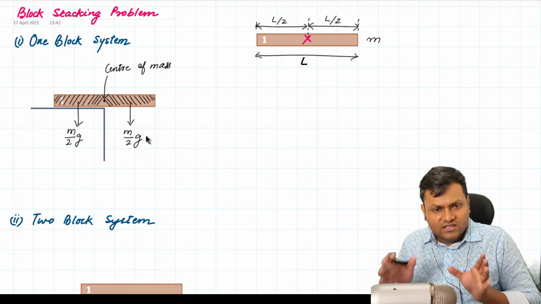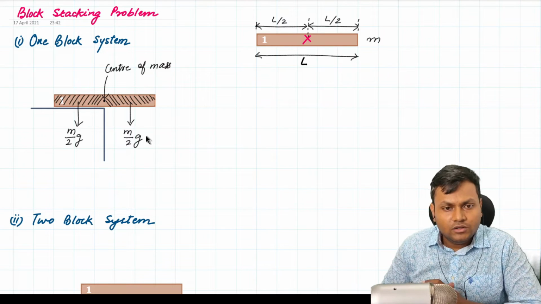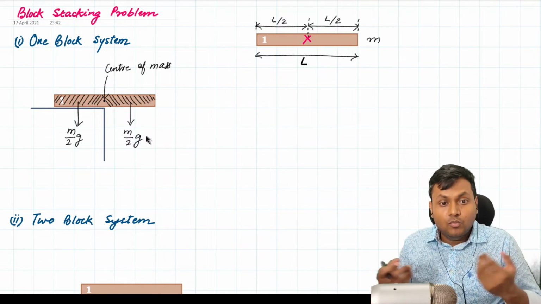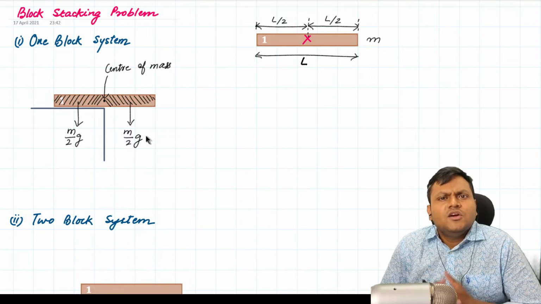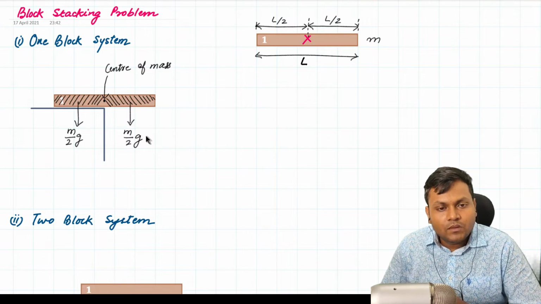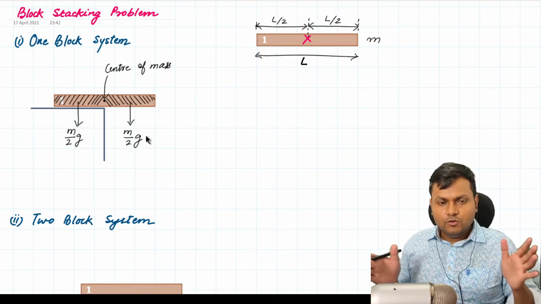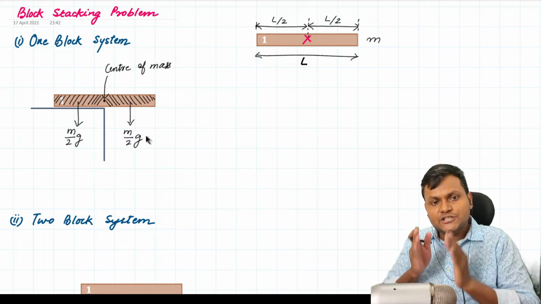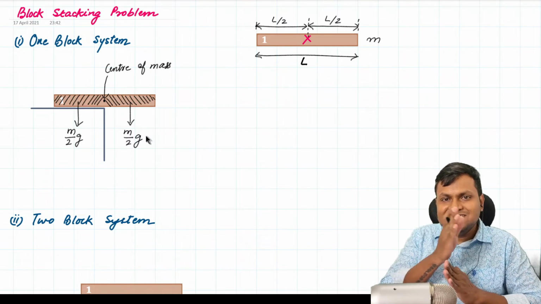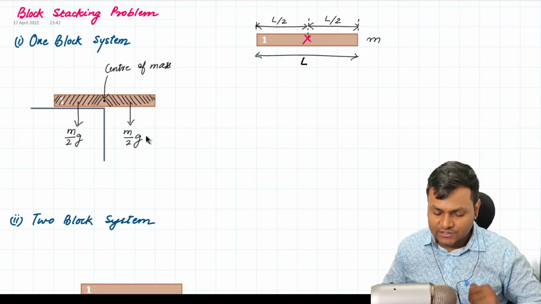So in such a manner, since the forces acting on both portions of the block are equal, the block is theoretically balanced on the edge of the table. So this is the general principle. If you want to balance an object on the edge of some table, you want to make sure that its center of mass lies within or at the edge of the table.